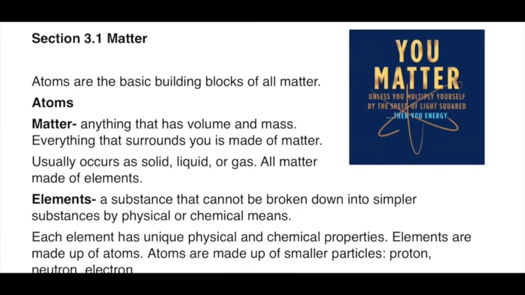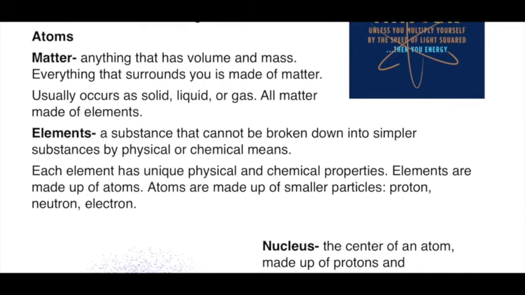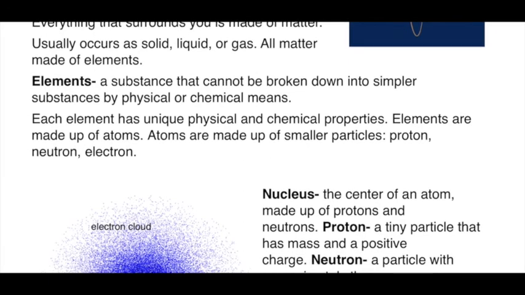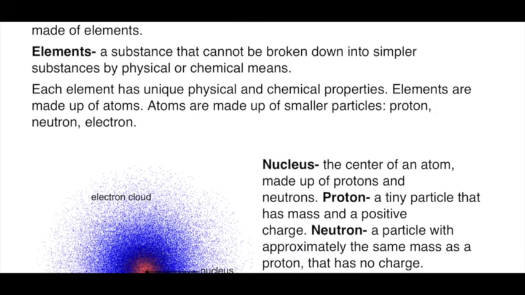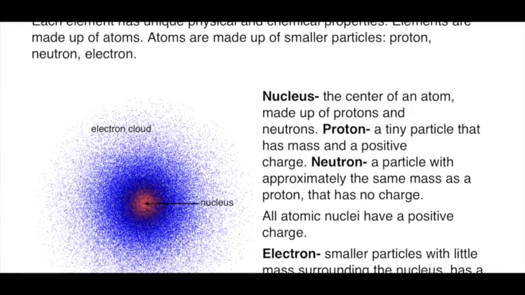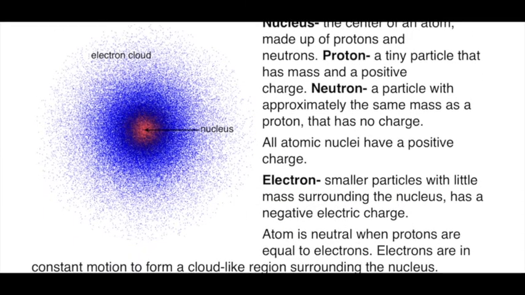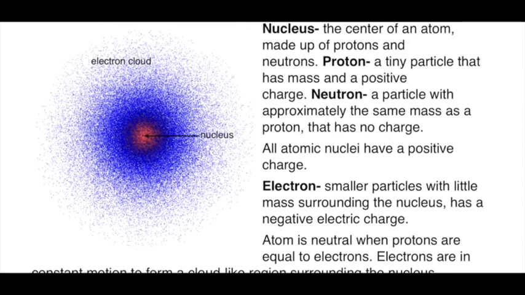So we're gonna look at the elements in a minute when we look at the periodic table, and they are made up of smaller components inside the atom. So this is a model of an atom. You have inside the atom the nucleus of the atom, and then surrounding that nucleus you have a cloud of electrons.